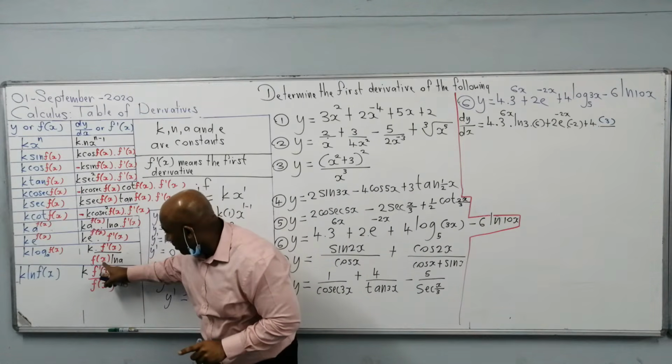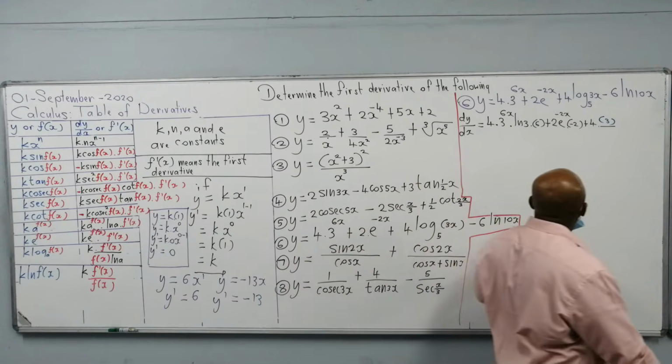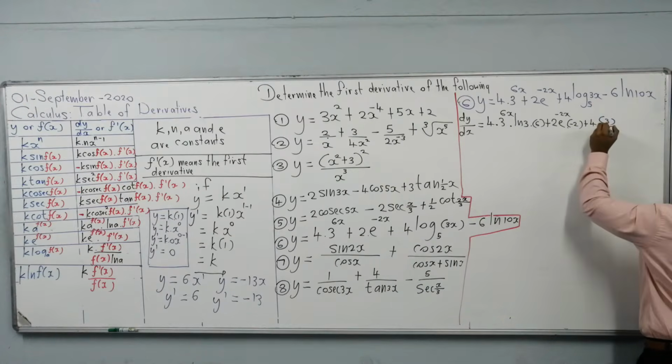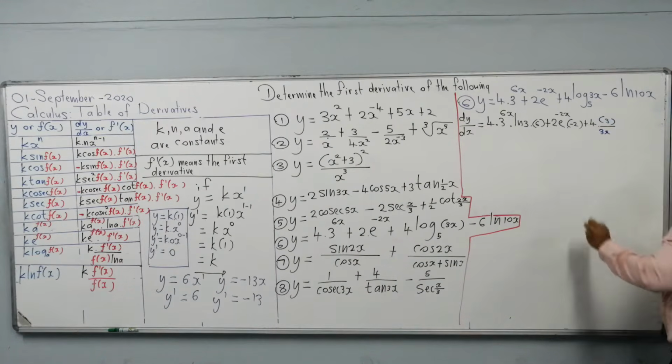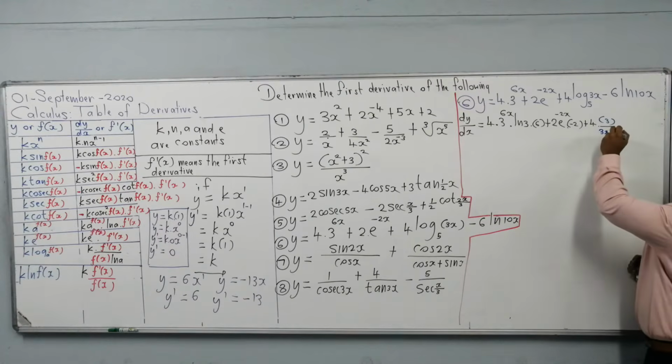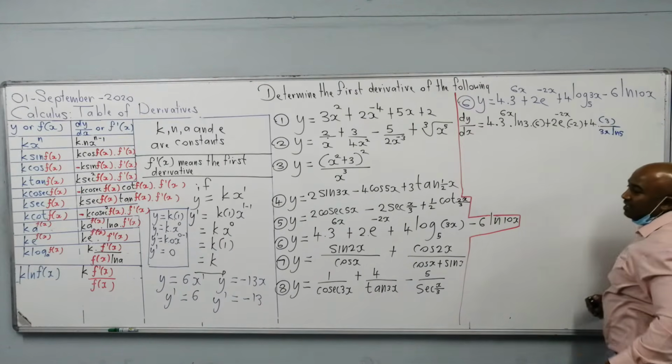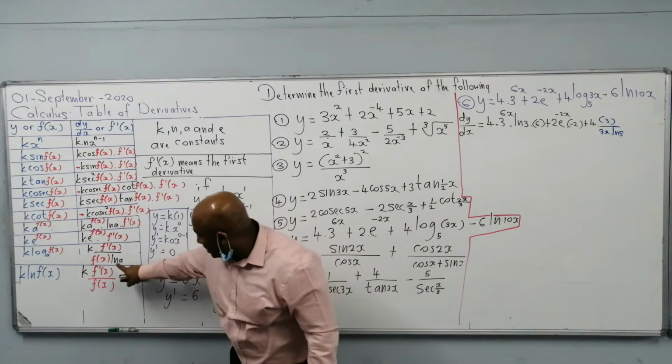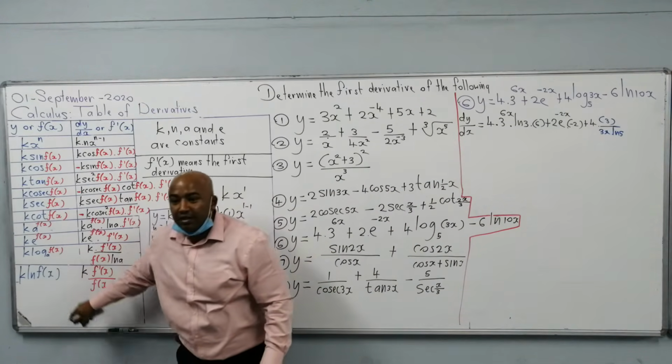K f prime x, all divided by f of x now. So I need to divide by the same f of x there. So that's f prime x divided by f of x, also times natural log of the base, ln of the base. Your base there is 5. You can see that ln of a. So there's it, ln a is the base of your log.